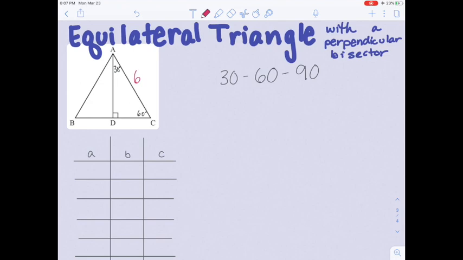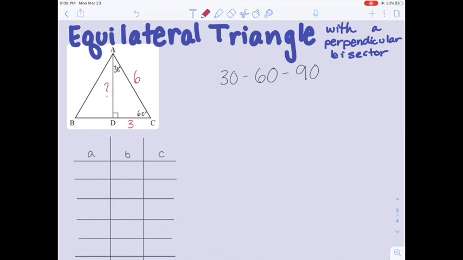Since AD is a perpendicular bisector, we know DC is going to be 3. And what we don't know is the length of line segment AD. That's what we want to find out. So in this 30, 60, 90 triangle, we have 6, 3, and something unknown.